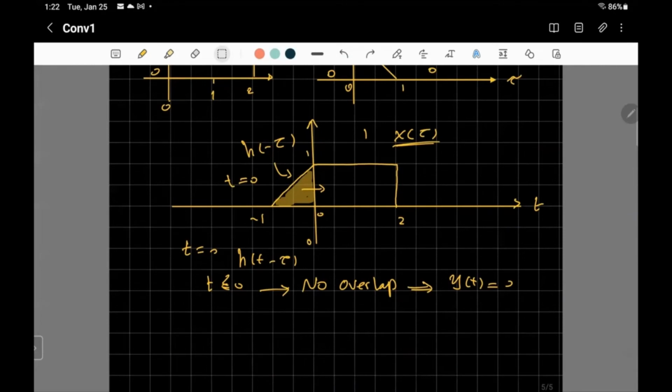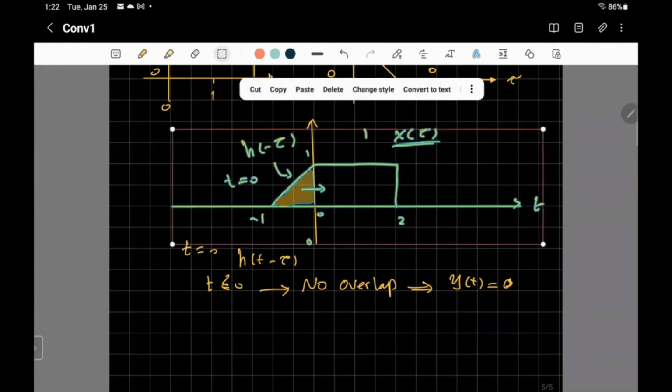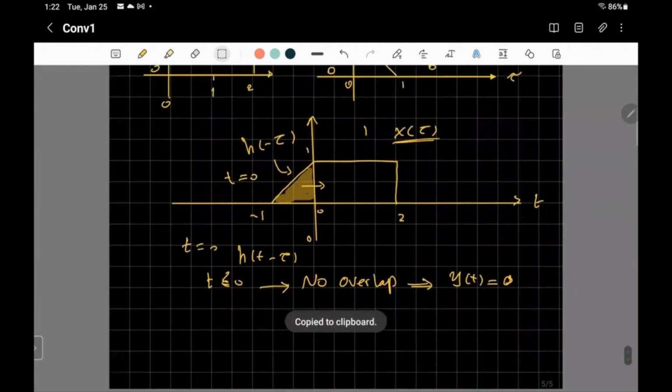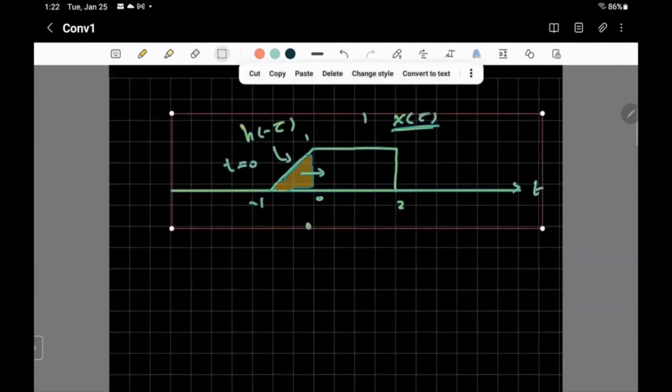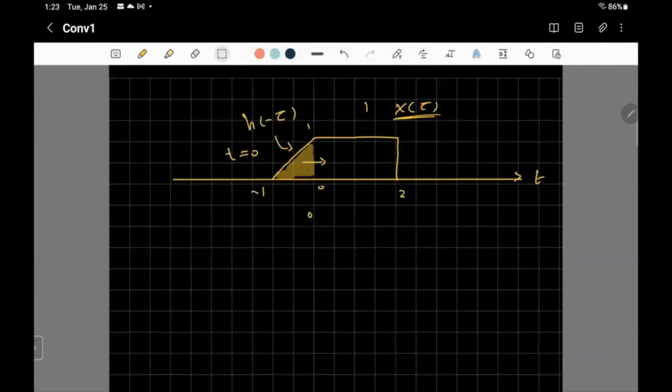Is that a 0 next to the y equals? Yes, it is 0. Yeah. Let's take a copy of this one. Okay. Now I'm going to move this triangle inside.